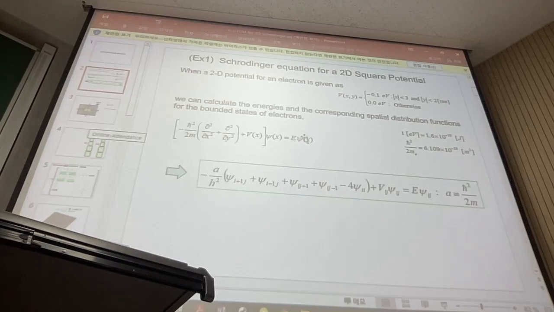This is a typical M times vector A is equal to E times vector A. So this is a typical eigenvector equation, eigenvalue equation for matrix, and this one becomes n by n. Sorry, A is m by n.